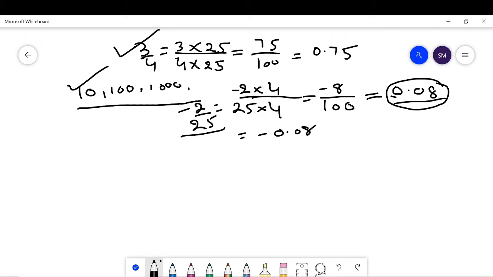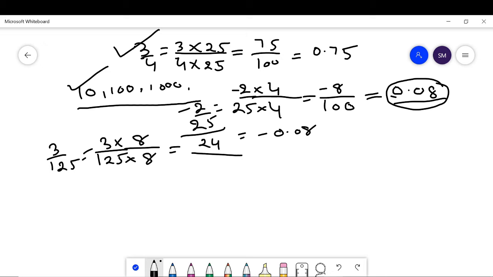Okay. Then look at another number. Suppose 3 upon 125. Which number should be multiplied with 125 to make the denominator like 10, 100, 1000? If 125 is multiplied by 8, we get 1000. I have told you before, when we multiply a number with the denominator, we must multiply the same number with the numerator, otherwise the value will change.